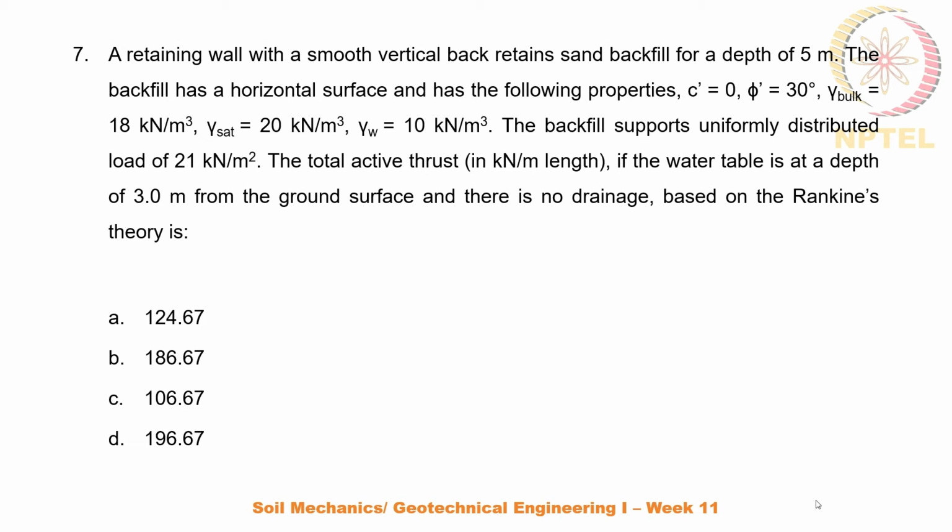Unit weight of water gamma w is given as 10 kilonewton per meter cube. And the backfill supports a uniformly distributed load of 21 kilonewton per meter square. The total active thrust in kilonewton per meter length, if the water table is at a depth of 3 meter from the ground surface and there is no drainage, based on Rankine's theory.